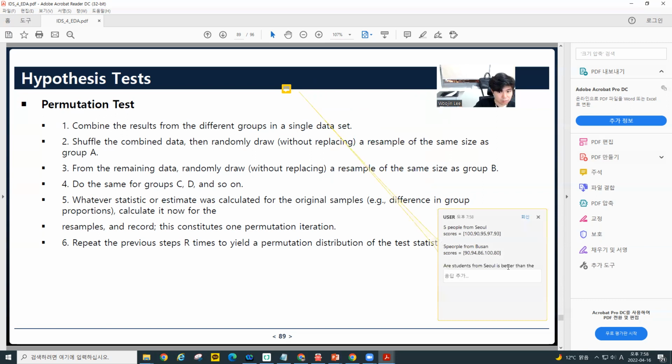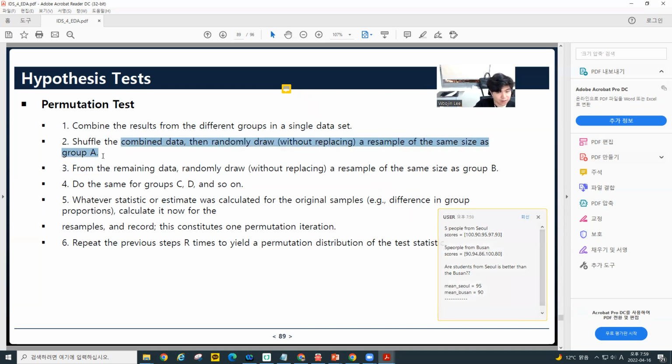To check whether the Seoul people's score and the Busan people's score are different or not, first we mix the combined data. We mix the data from Seoul and data from Busan together.